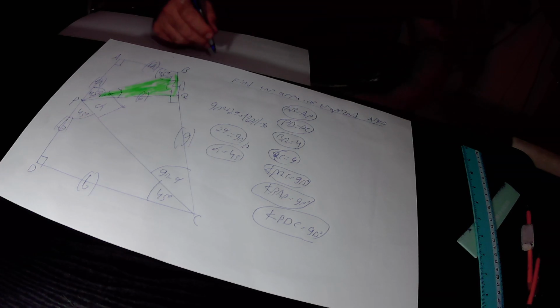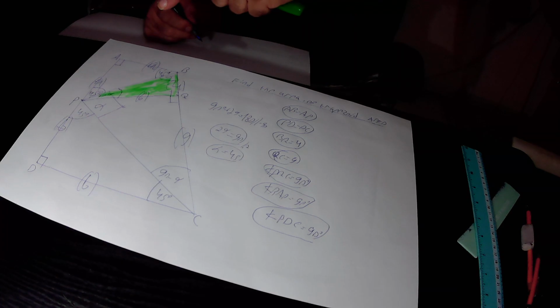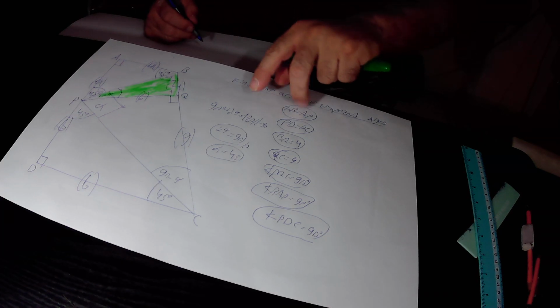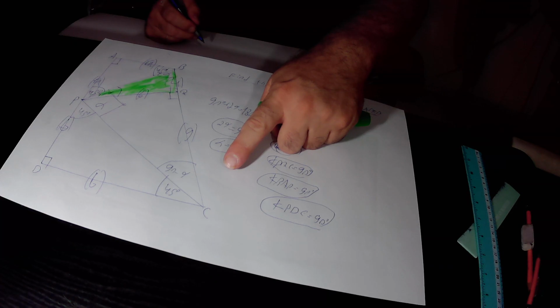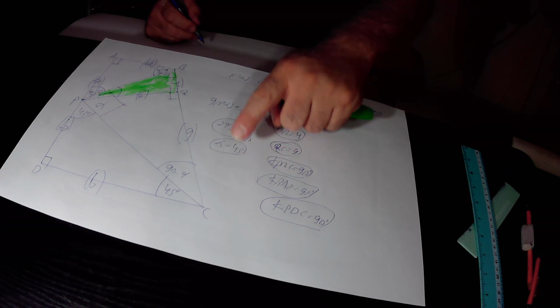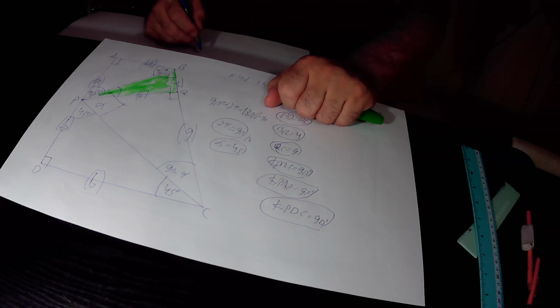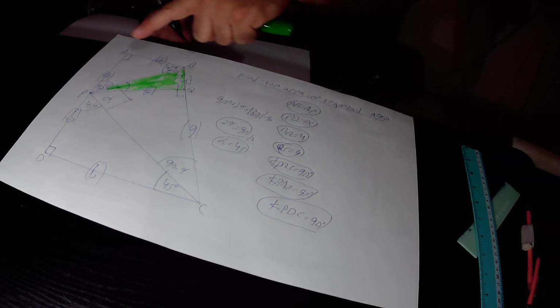So what is the area of this big right triangle PBC? The area of this big right triangle PBC is equal to the base of the big triangle, that is BC, times the height.